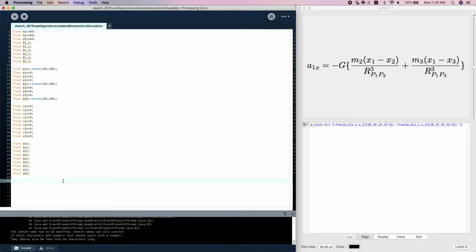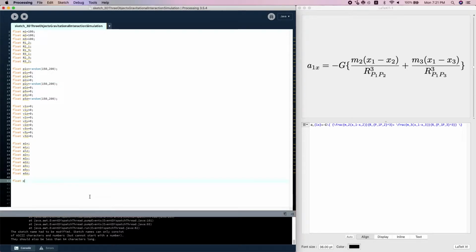Well, to draw the trails of that object, I needed a record of the previous values of the positions, so that when I draw a line between the previous position and the current position, I get a line, and those lines, when added up, seem like a curve, and that curve tells us the trajectory the object is moving along. And so I'm going to do the same thing here.